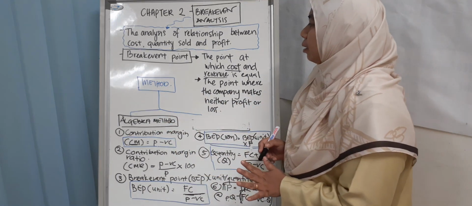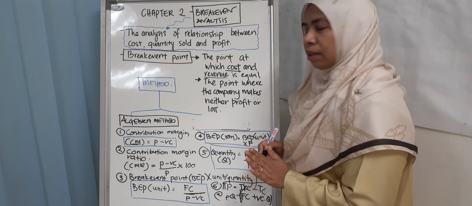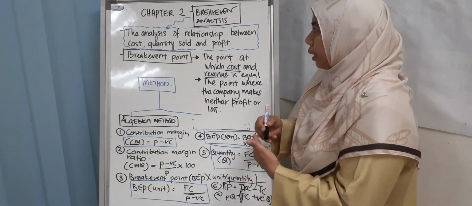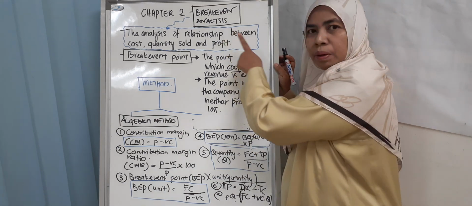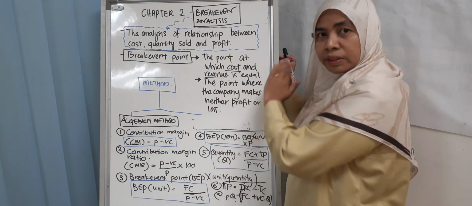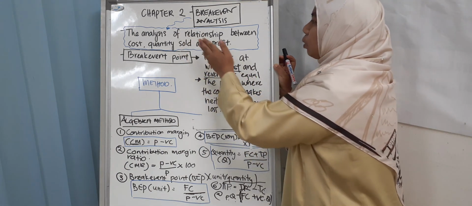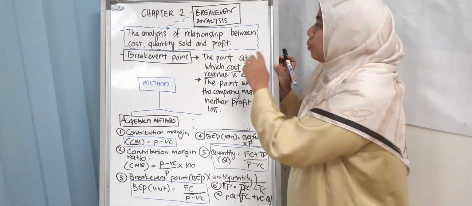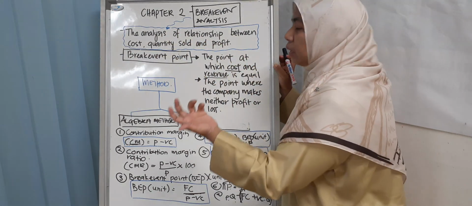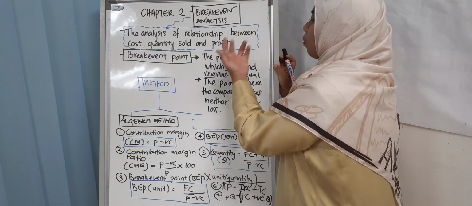So I think we stop here. Let me recap. First, we learned about break-even analysis, which is the relationship between cost, quantity sold and profit. That means we want to identify the cost, the quantity sold and also the profit.